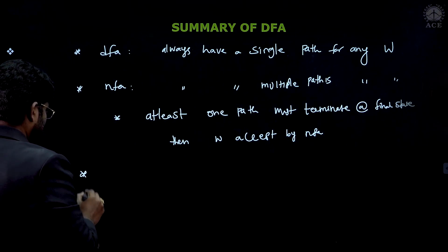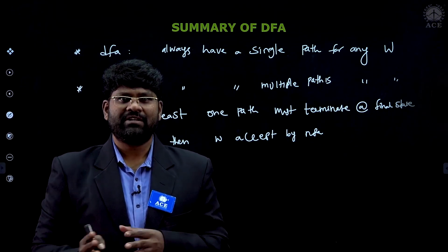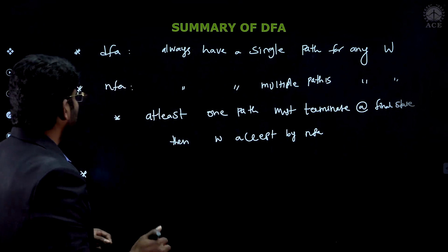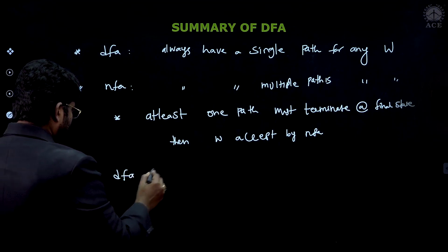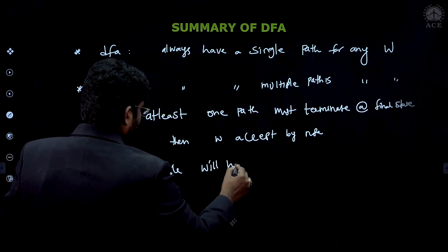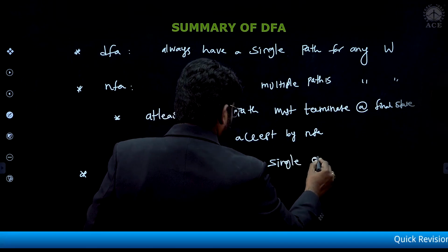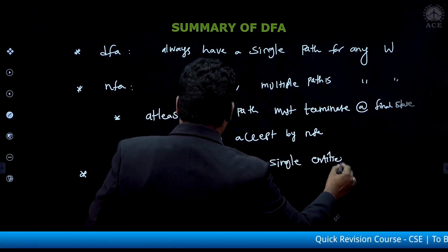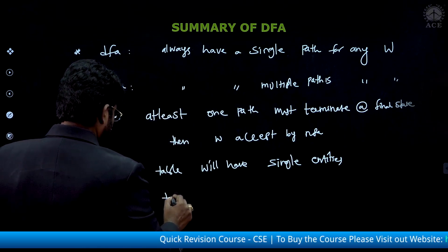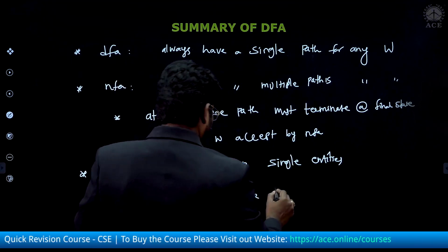Then how do you identify? If we take a table, an NFA table can have multiple entries, but a DFA table will have single entries. So the DFA table will have single entries, whereas an NFA table can have multiple entries.